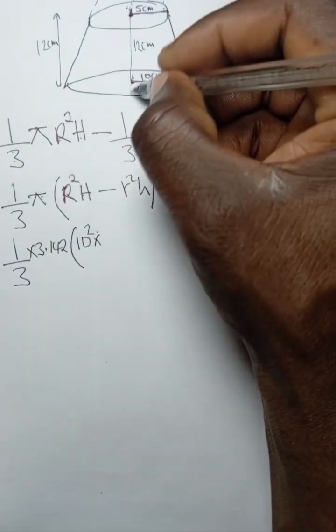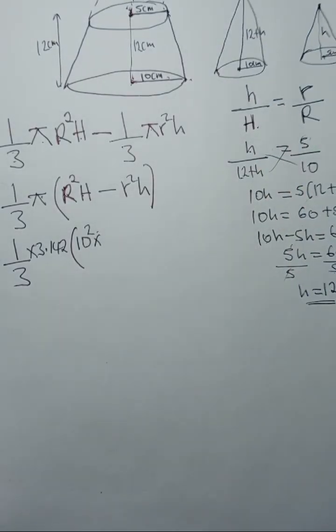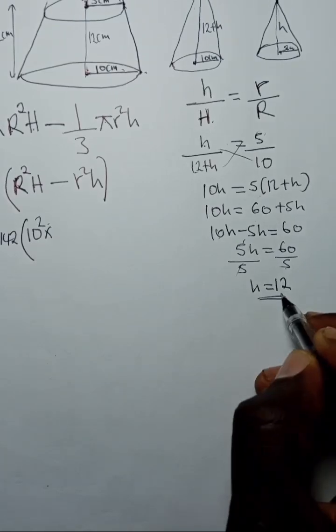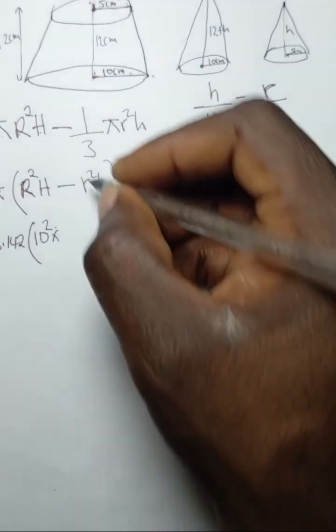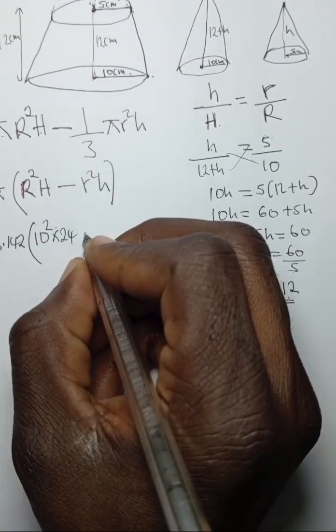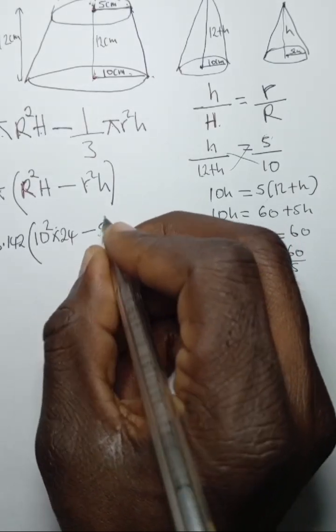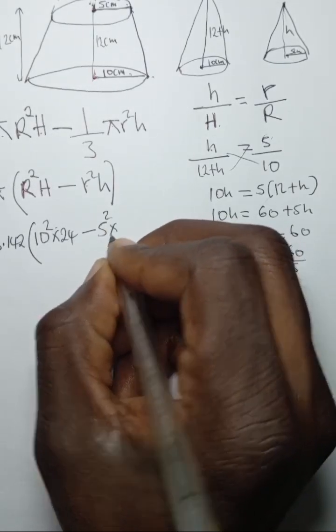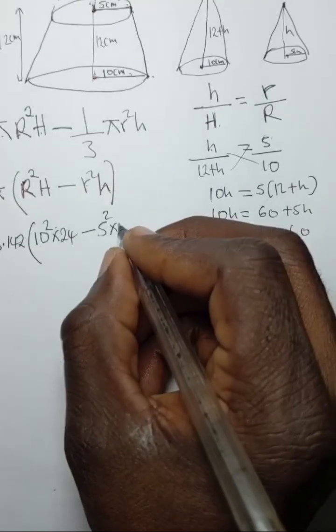So the height of the bigger cone is 12 plus 12, which gives us 24, minus the radius of the smaller one, 5, squared, multiplied by the height of the smaller one, which is 12.